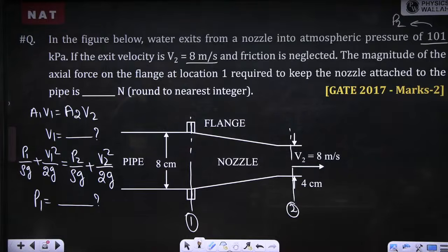Yes, density you can take 1000 because water is given. Solve fast.